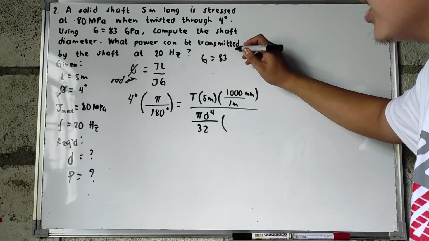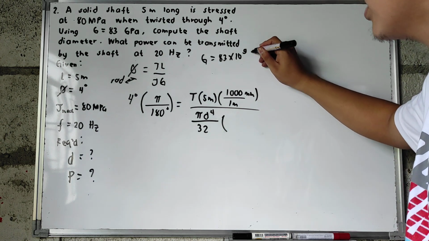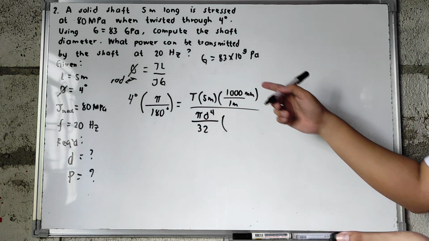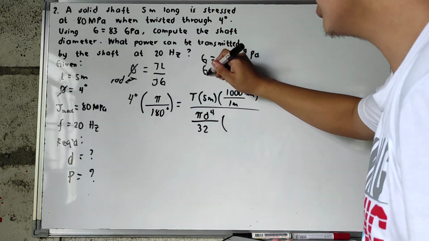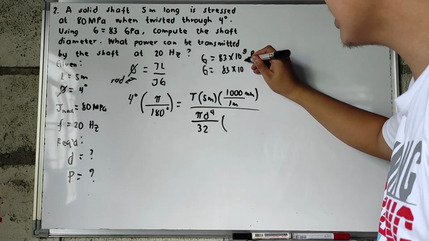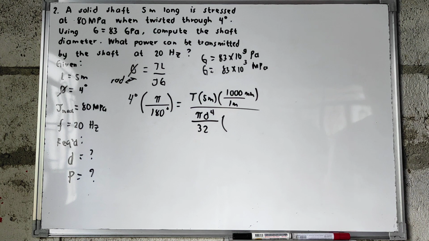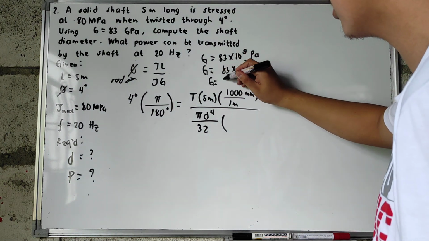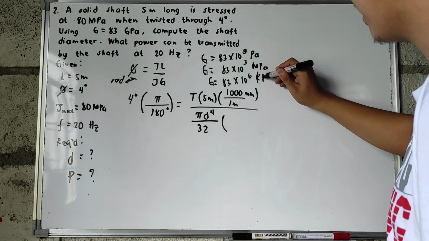Our G is 83 gigapascal, wherein G is equal to 83 times 10 raised to 9 pascal. In terms of megapascal, G is equal to 83 times 10 raised to 3 megapascal. In terms of kPa, G is equal to 83 times 10 raised to 6 kilopascal.